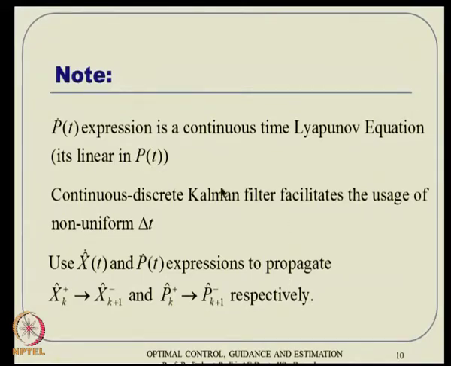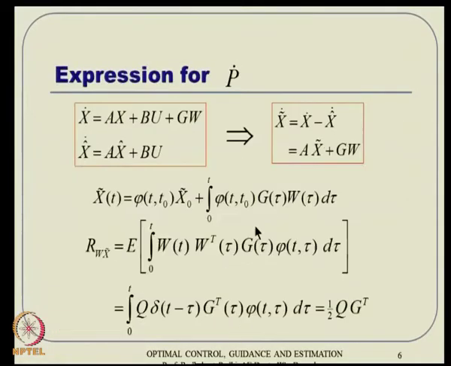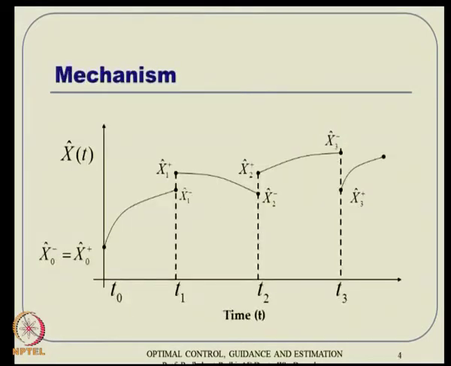And then this continuous discrete Kalman filter facilitates the use of non-uniform delta t also. That is another important point. We really do not have to have the intervals T0 to T1, T1 to T2 and so on be the same. So, prediction can go on as long as there is no measurement information, and as soon as there is measurement information, it is a valid information by the way.